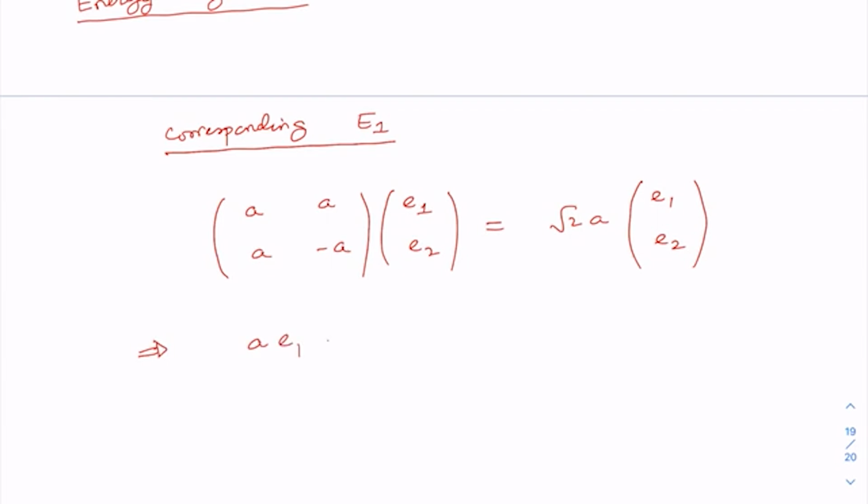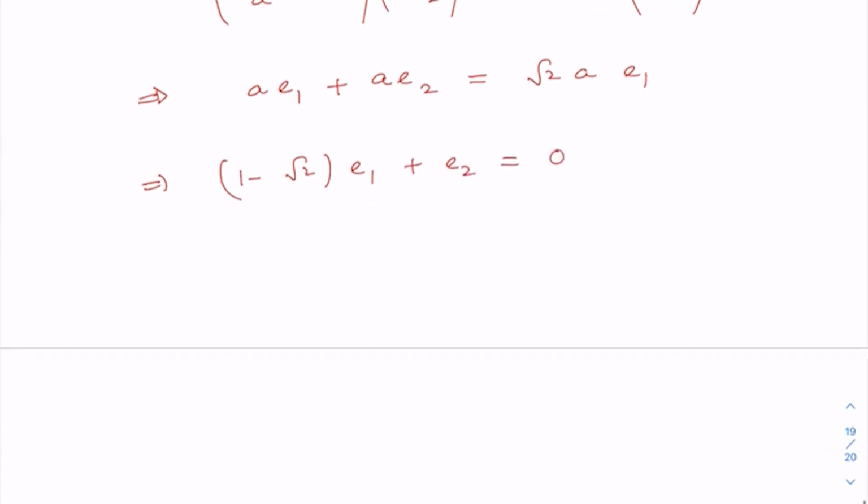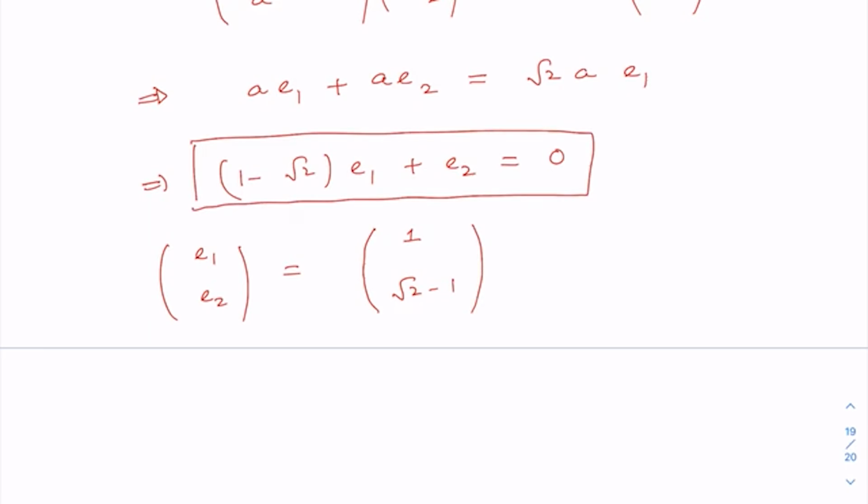We'll have A e1 plus A e2 is equal to root 2 A e1. This means I can have (1 minus root 2) e1 plus e2 is equal to 0. Therefore I can choose e1 and e2 this way: if I choose e1 equal to 1, then e2 has to be root 2 minus 1, and then this equation would be satisfied.